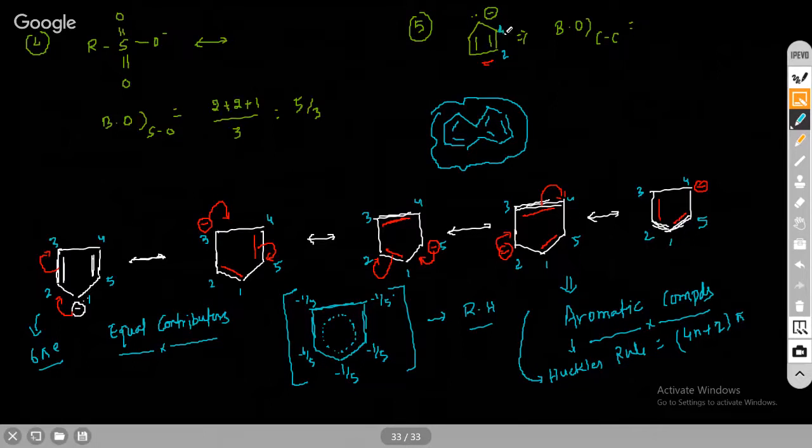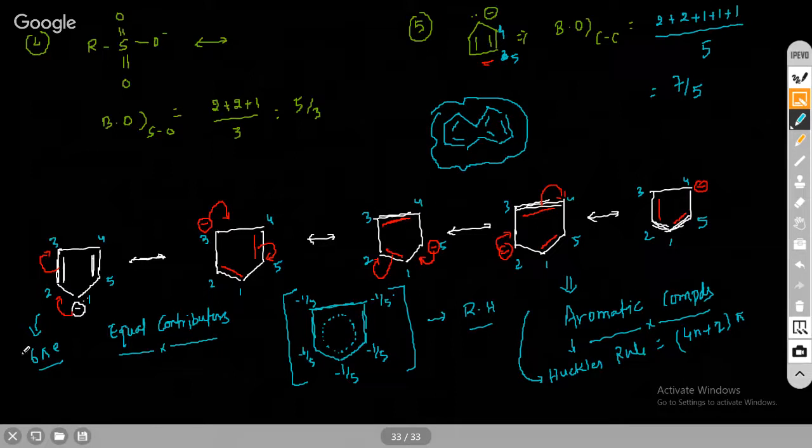Let me write this 4 and 5 only. The bond order you have to find out. According to this formula, 2 plus 2 plus 1 plus 1 plus 1 divided by the number of resonating structures, which is 5, so 7 by 5.